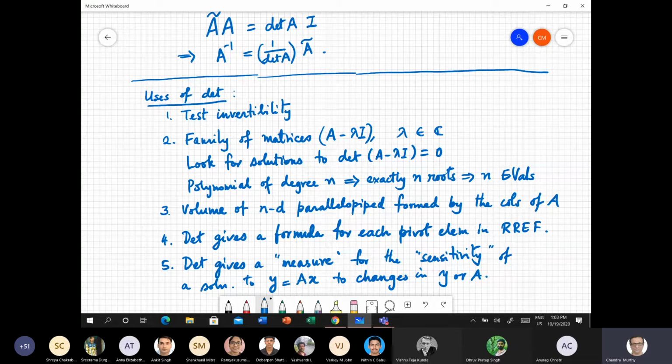Similarly, if they said that the A that was used to obtain y was not A but instead it was A prime, then you can actually compute how sensitive the solution is to this perturbation in the matrix A. So this is another sort of chapter by itself, and again we will study this later in the course.